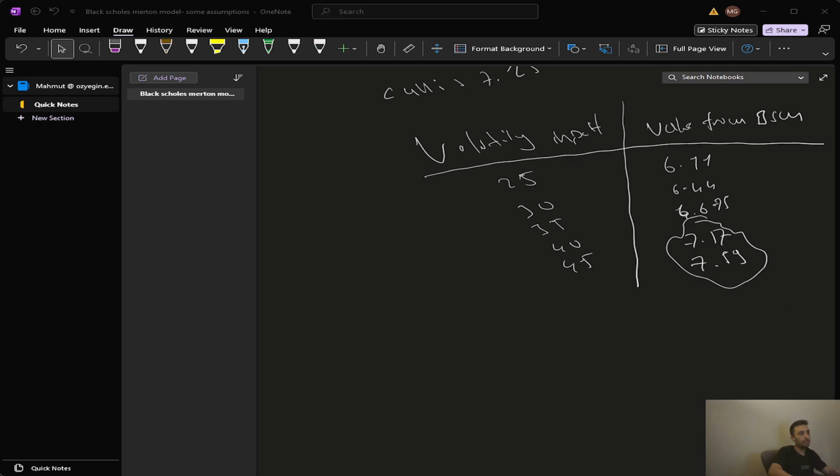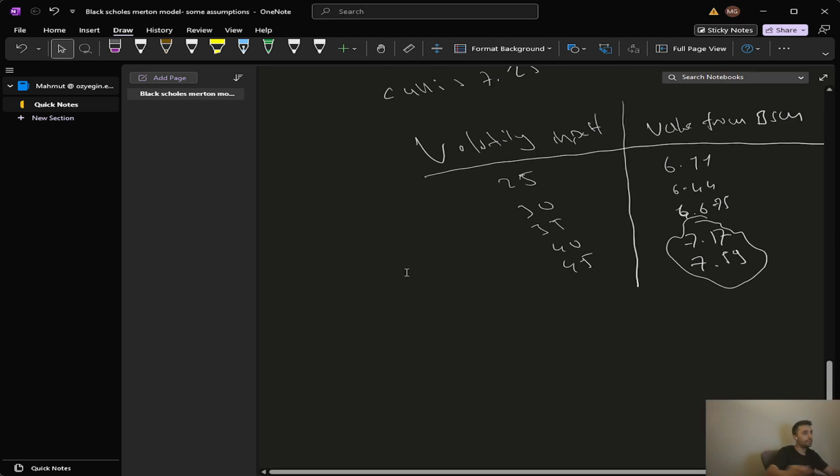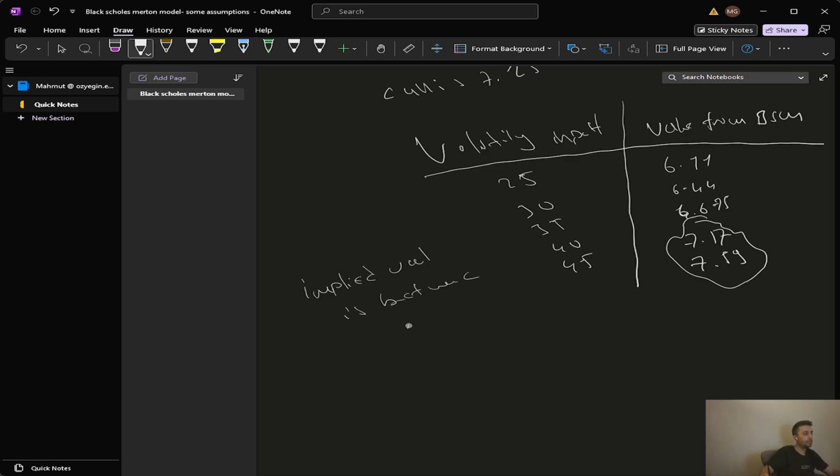Okay, in the last column, the values are 7.17 and 7.59. So that means volatility is about 40% and 25%.